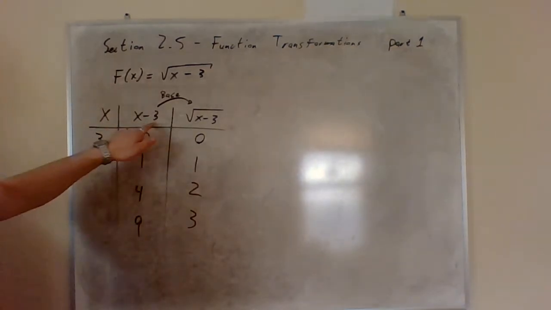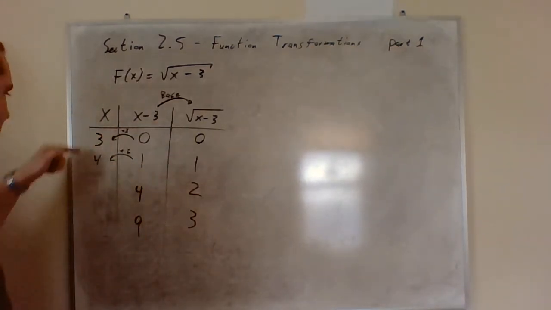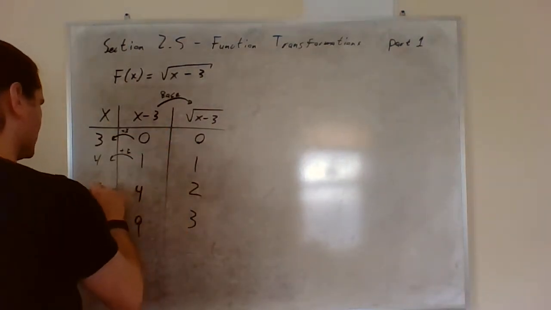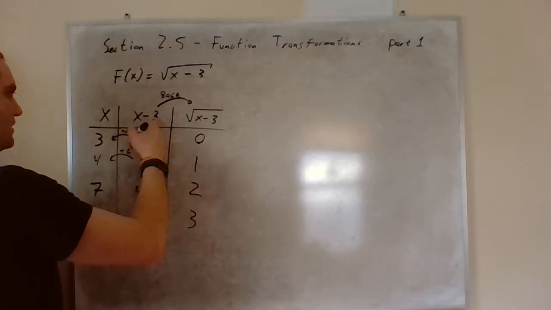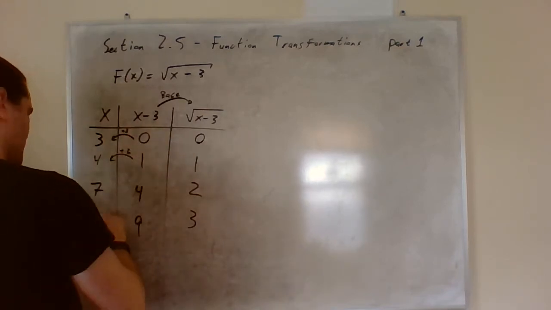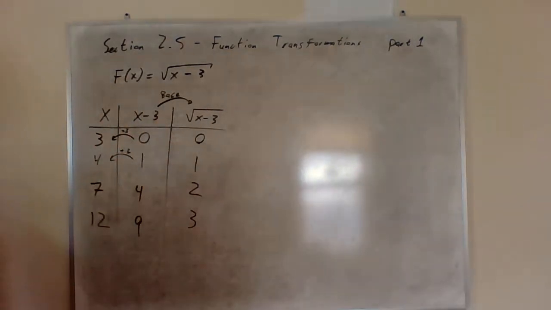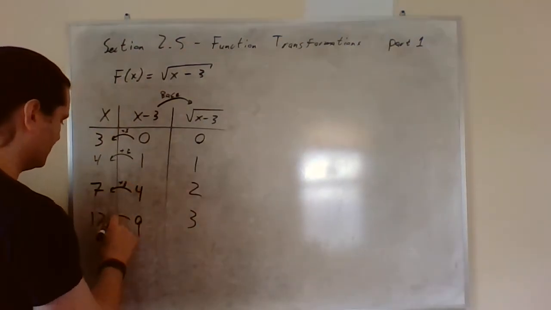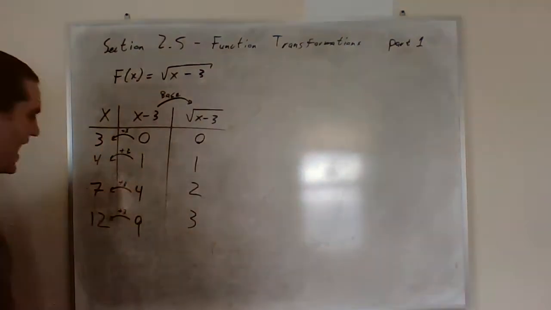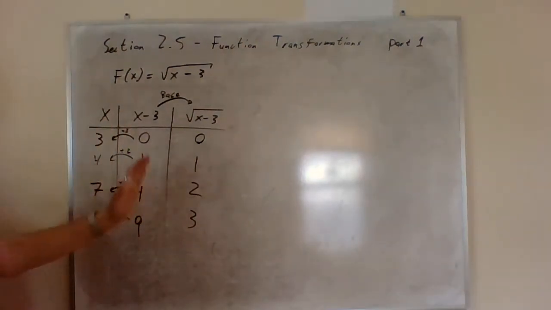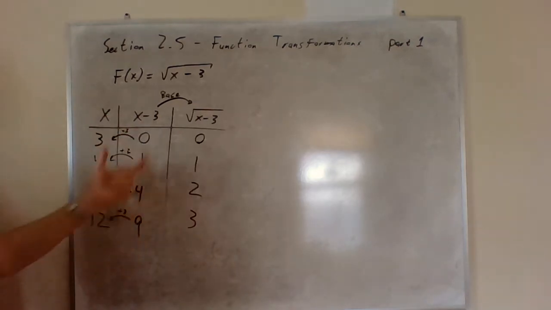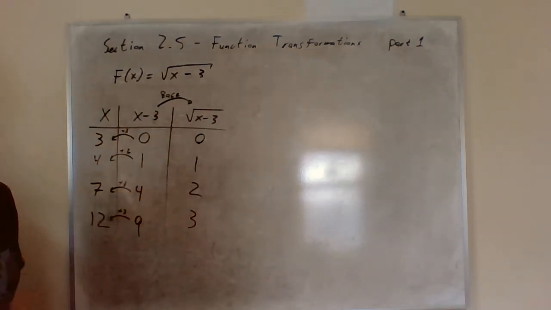So if I want x minus 3 to be 1, that means that x had to have been 4. If I want x minus 3 to be 4, that means x had to have been 7. And if I want to subtract 3 and get 9, that means I need to start with 12. So to go backwards, you have to add 3 to all of these things to sort of undo this transformation that happened to make these numbers what we wanted.